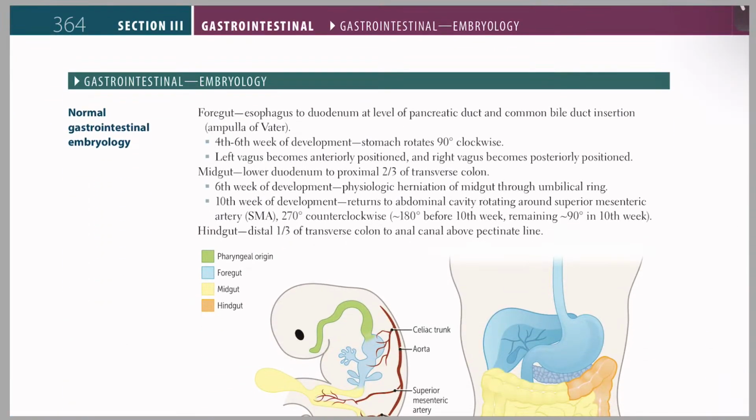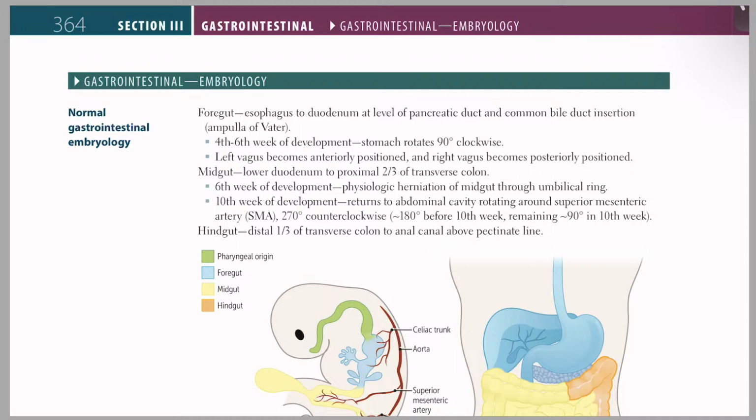Gastrointestinal embryology, normal gastrointestinal embryology. Foregut is esophagus to duodenum, at level of pancreatic duct and common bile duct insertion, ampulla of Vater. 4th to 6th week of development: stomach rotates 90-degree clockwise.